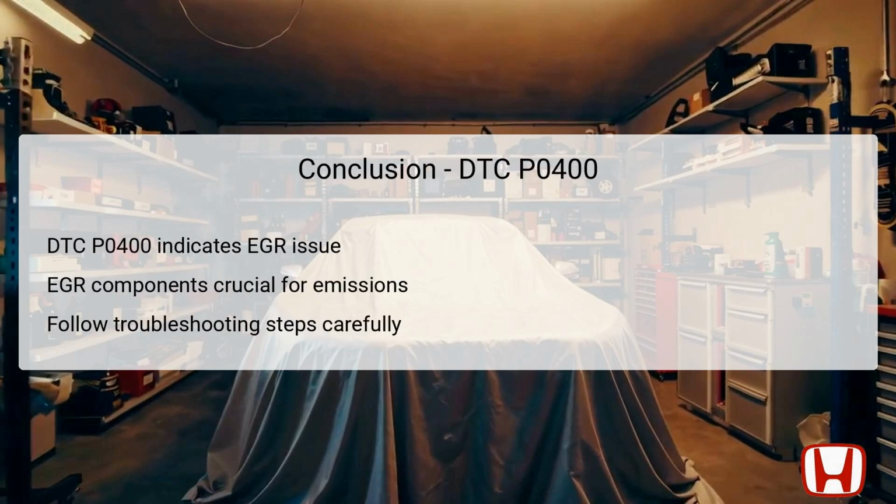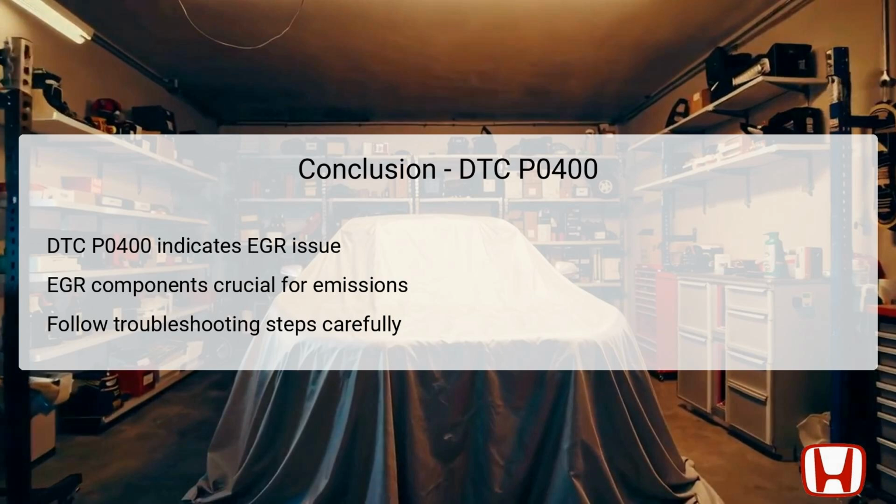In summary, DTC P0400 denotes a leak within the EGR system, primarily affecting emissions control. Understanding the roles of the EGR valve and pipe is crucial for effective diagnosis and repair. Following the outlined troubleshooting steps with precision is essential to identify and rectify the issue properly.